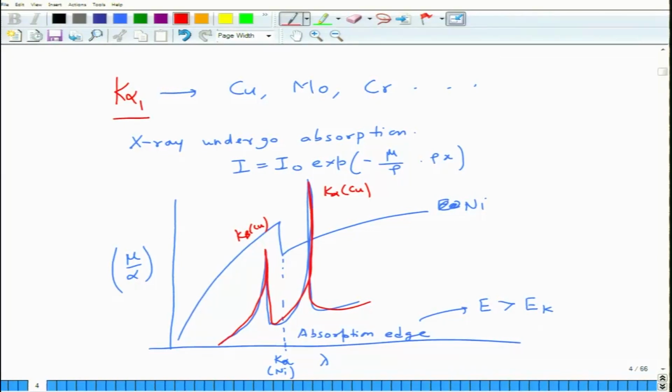By the way, this is a logarithmic axis, these scales are logarithmic in nature, which means the decrease or change is substantial. So when copper radiation passes through a nickel filter, nickel absorbs the K beta component and allows K alpha to pass through, because K alpha gets absorbed less than K beta. As a result, what you get out of the system is predominantly K alpha.